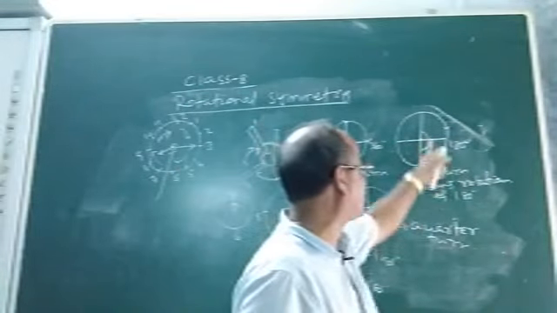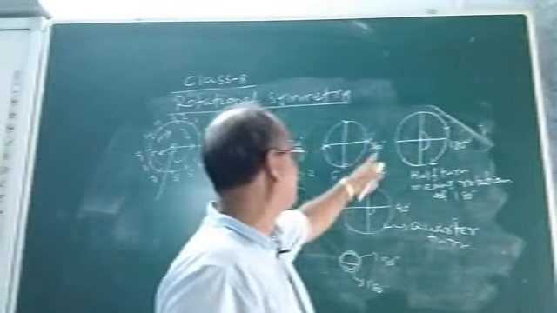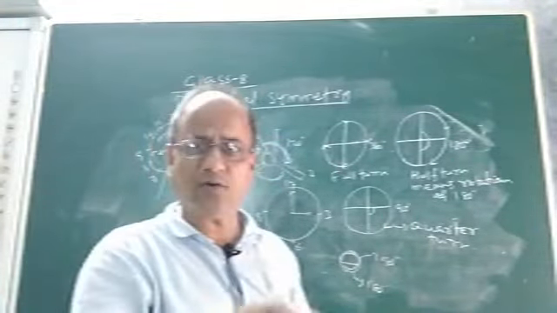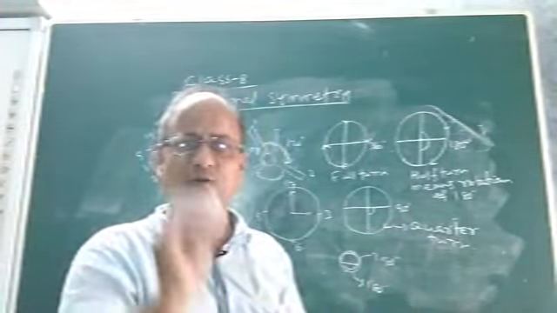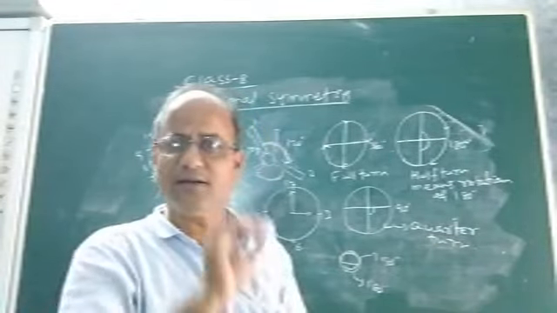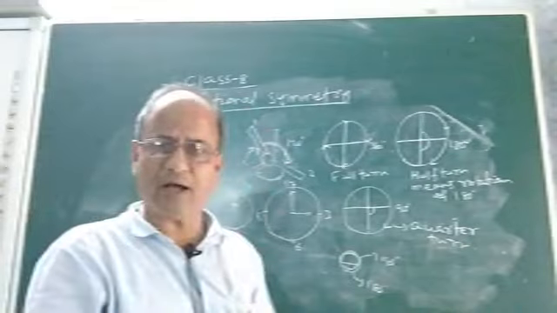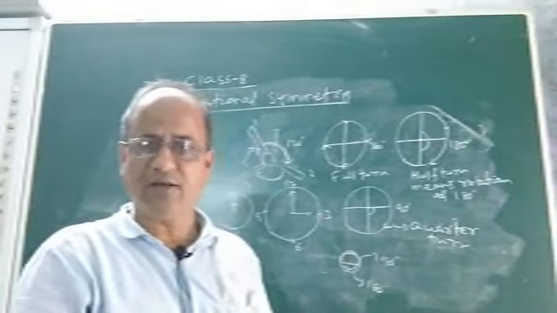Half turn means rotation of 180 degrees. Full turn means rotation of 360 degrees. Now children, when any object is rotated through 360 degrees, its shape and size will not change. It will look almost the same as it was originally.